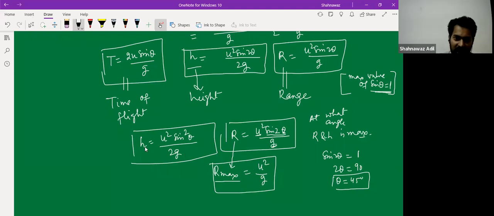And to calculate H max, you have to throw it perpendicularly, right? So you can achieve the maximum height. Okay. So for H max, you throw it perpendicularly at theta equals 90. So sine square is 1, so U square by 2G. Okay. And you know that U square by G is what?